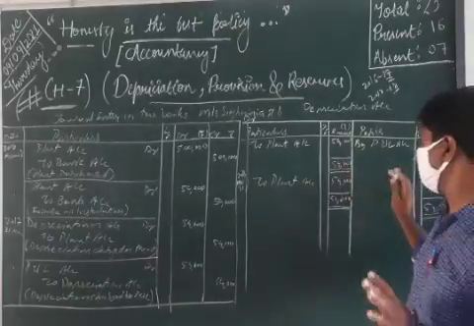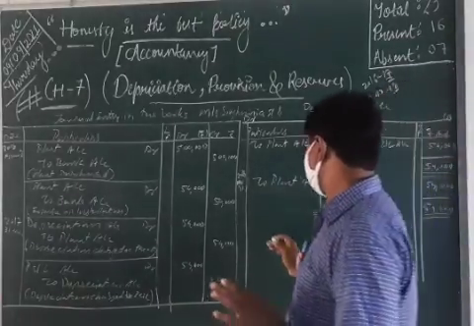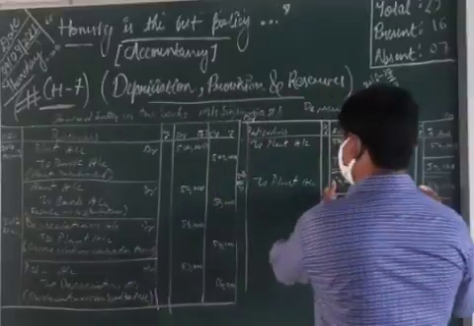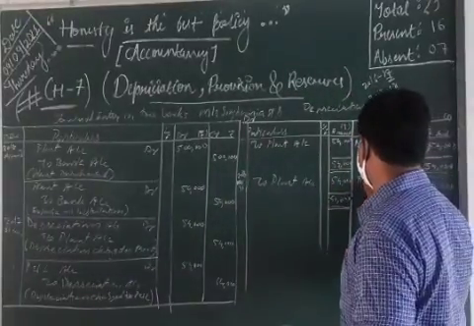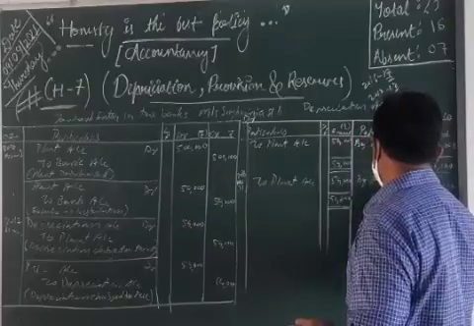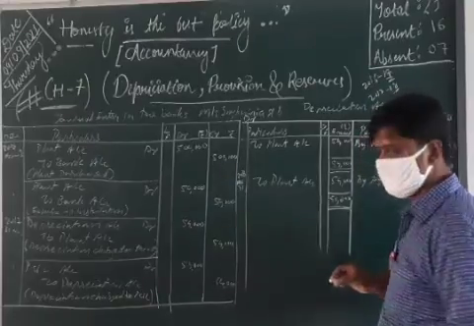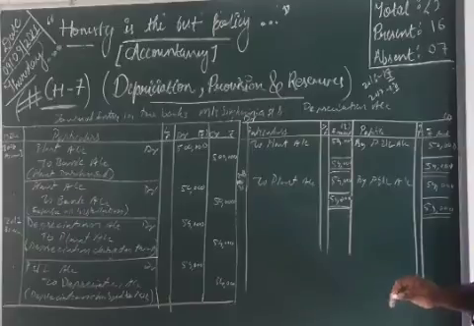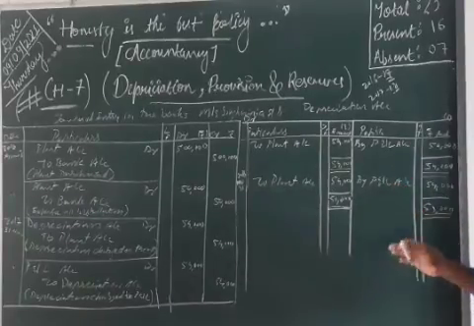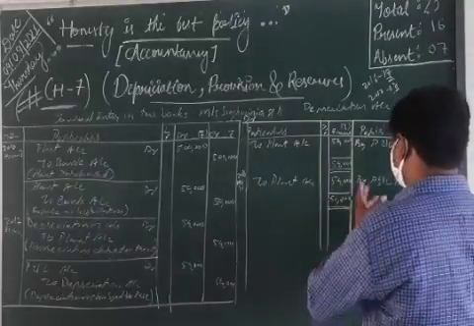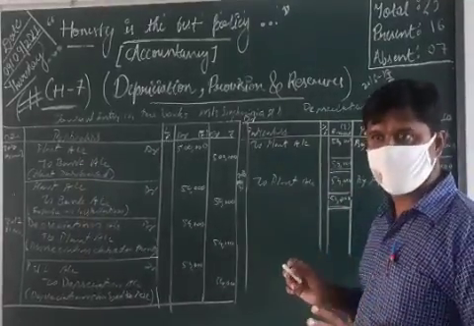Here 54 is closed. And here also you can see that there is no balance, but here one heading is by profit and loss account. Here you can see that there is no balance. That is why balance carried down is not there, balance brought down is not there.